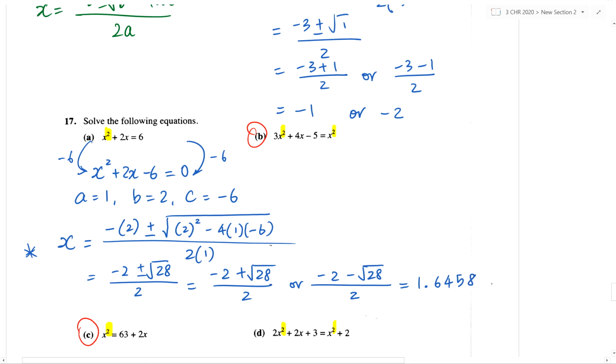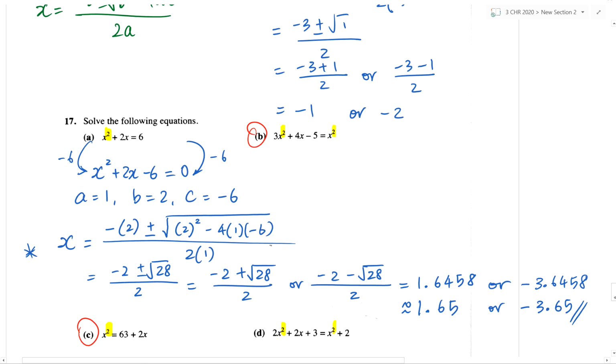This is to 5SF. The other answer is negative 3.6458. If the answer is not exact, we need to by default leave it in 3SF, 3 significant figures. So the first one will be 1.65. The other answer is negative 3.65. These are our two answers.